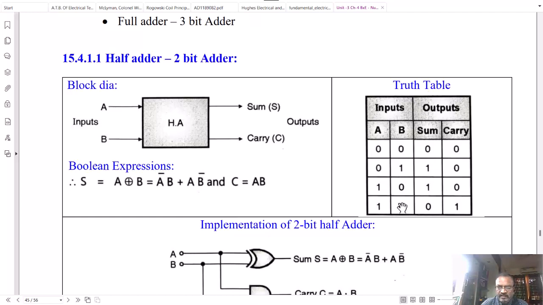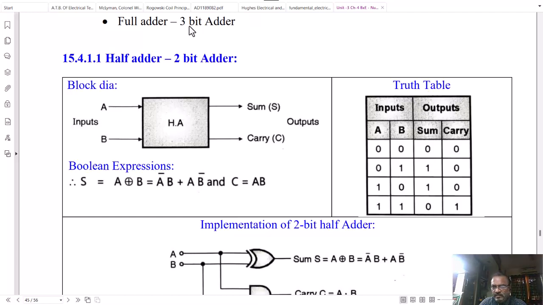Then we will see the last combination, when both A and B are 1. A and B are added to each other, the sum will be 0 and carry output will be 1.